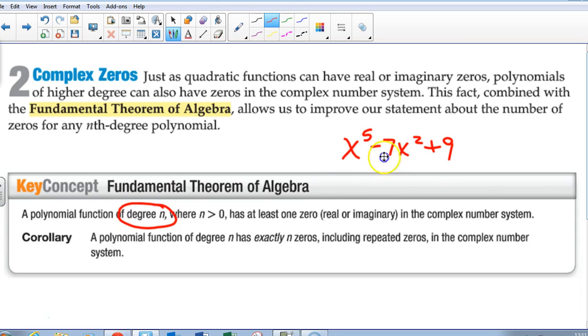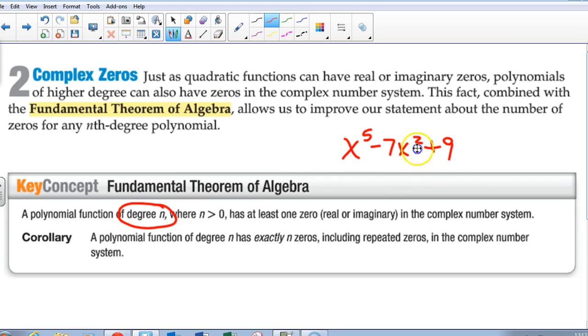What does the graph of that look like? Some goofy thing like this, right? It's odd. So does it have to cross the x-axis at least once? Okay. If you have an odd degree, there's going to be at least one real root.